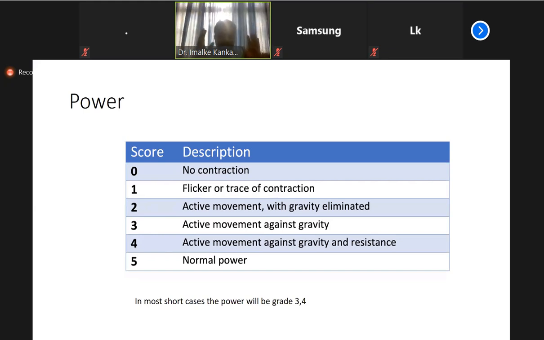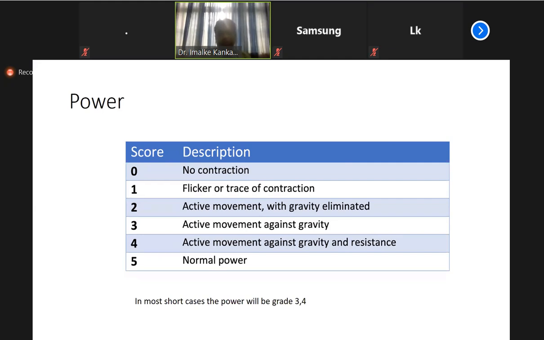If you get a child who can follow these commands, you can say whether it's 4 or 5. But in a small child against gravity, if you see that, okay, that's 5, you can just apply pressure and see whether the child is moving up or not. If you can see that, you can put it as grade 4, but if not, keep it at grade 3, right?